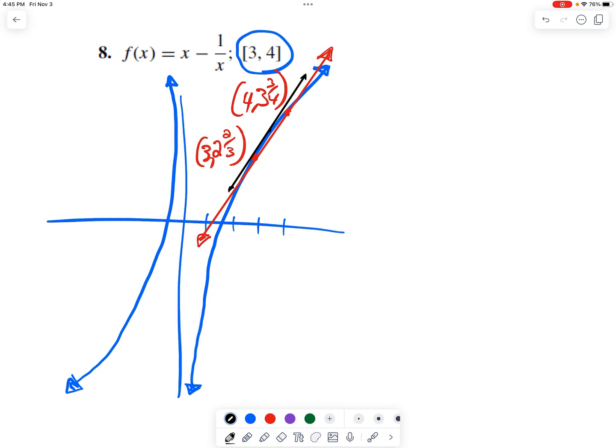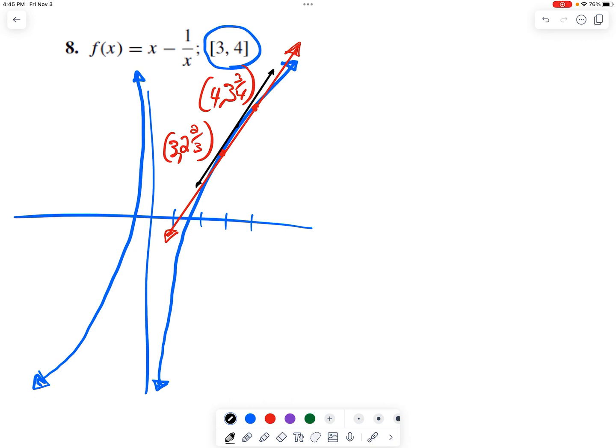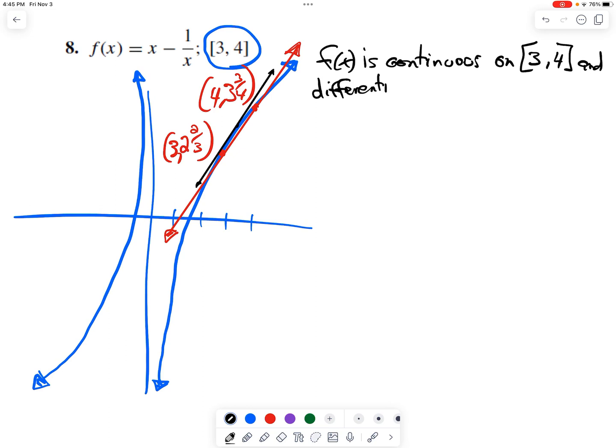You always got to meet the conditions of the mean value theorem to make sure that you are able to use it. So f of x is continuous over the interval 3 to 4 and differentiable in the open interval 3 to 4.